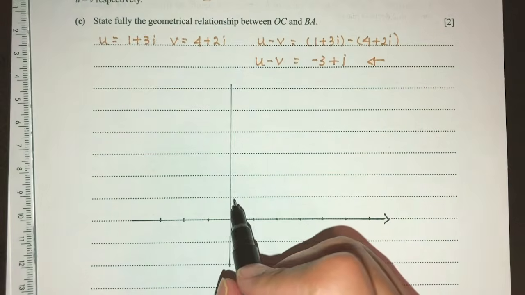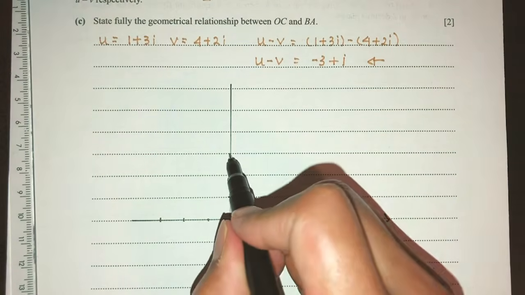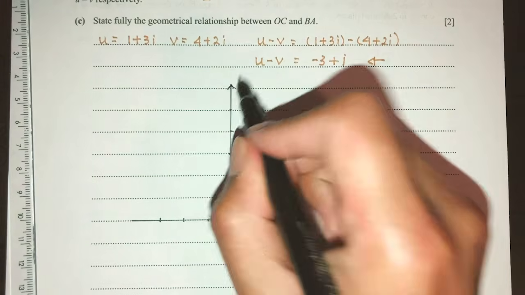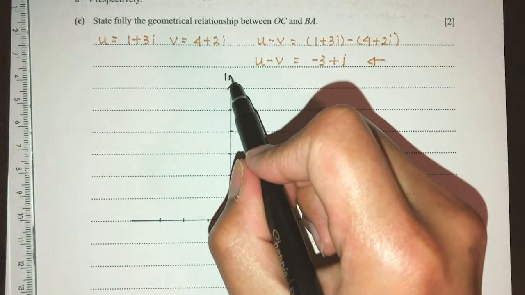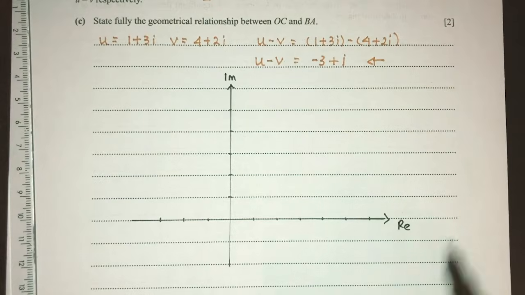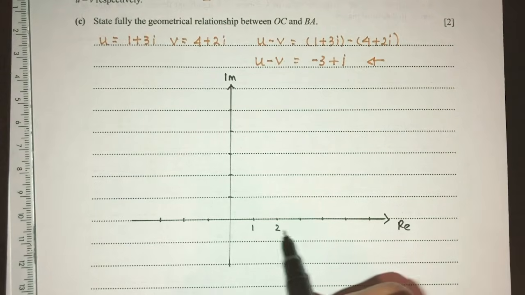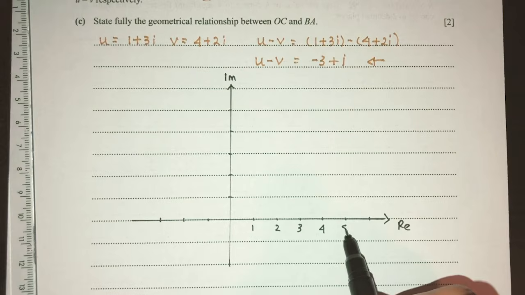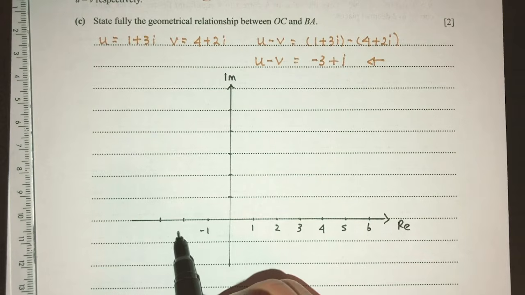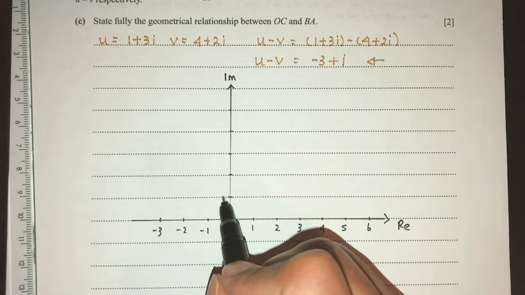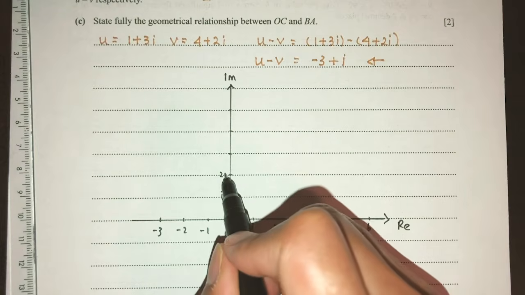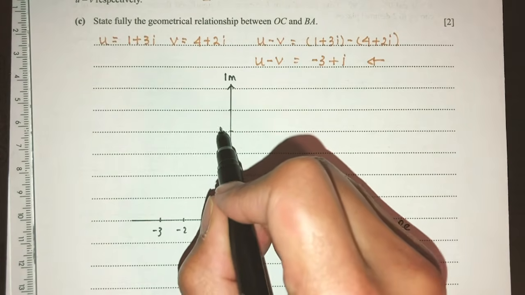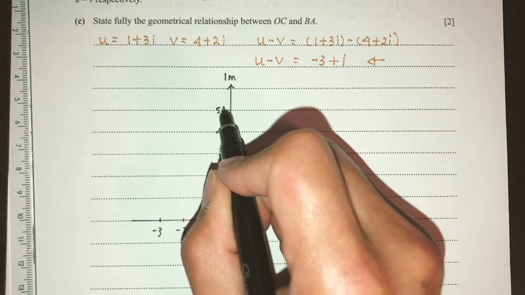Let's just take those as values here. This is your imaginary axis and this is your real numbers. Here we have 1, 2, 3, 4, 5, 6, minus 1, minus 2, minus 3, and 1i, 2i, 3i, 4i, and 5i.